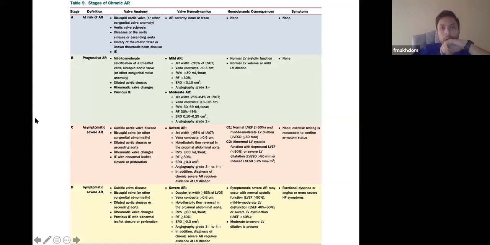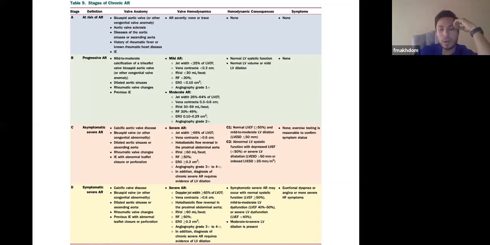So we were talking about the AI. You should also know about the quantification of AI, pressure half time, the jet width. It's all in the guideline. It's not very well known to us, but I think we have to know at least the numbers. In real life, the quantification of AI is not very easy, to be honest.